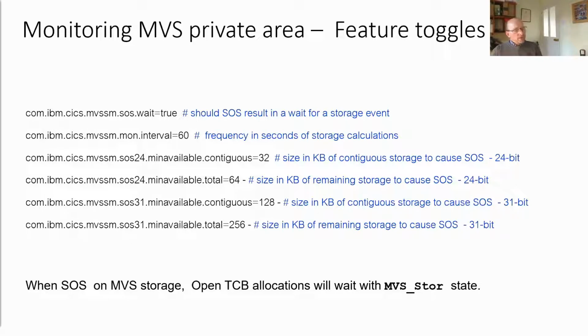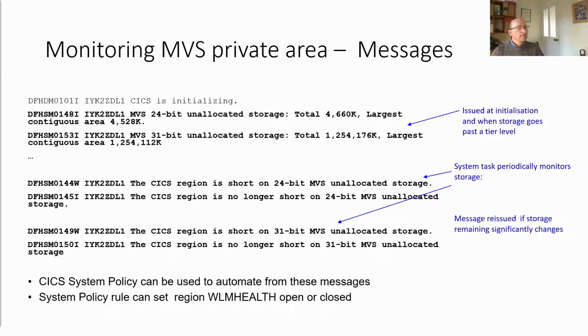At the moment, the only thing that will affect is the open TCB allocations will start to wait with the MVS storage state. So that means if you were attempting to allocate a new L8 or L9 TCB, you will be put into a wait state in the MVS storage state. So this is the kind of messages you might see in your CICS region.